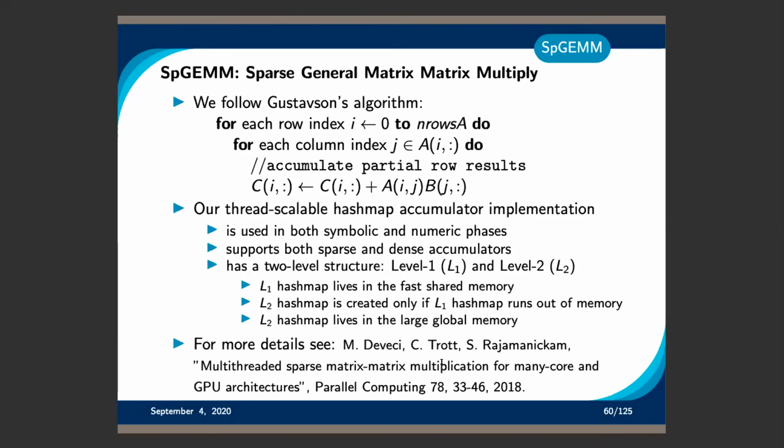The L1 hash map lives in our fast shared memory, which allows for rapid access to data. The L2 hash map is created only if we run out of L1, and eventually the L2 lives in the global memory. For more details on this algorithm and its implementation, I recommend the paper by Mehmet Deveci.